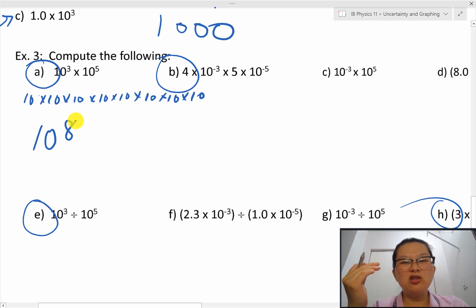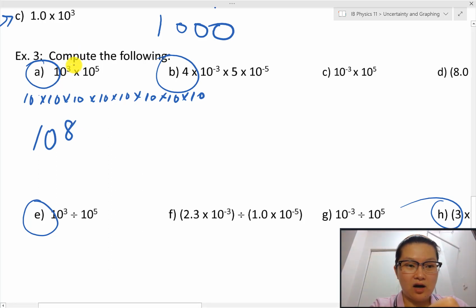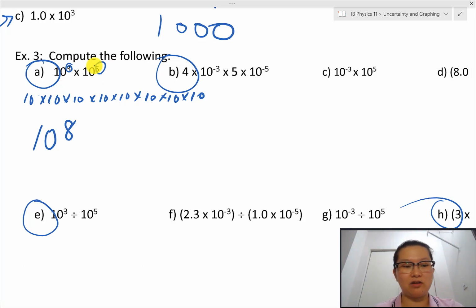Now, you might be thinking, oh, Miss Lee, you don't remember your exponent laws? Oh, yes. One of your exponent laws is whenever you multiply numbers with the same base, you add up the exponents. So 3 plus 5 is 8, just like how you have 8 10s multiplying each other. Straightforward, hopefully.